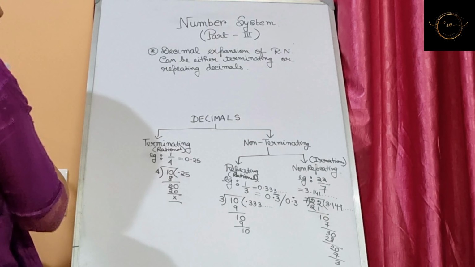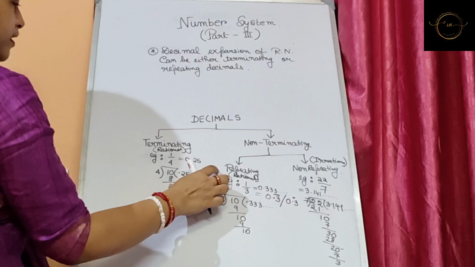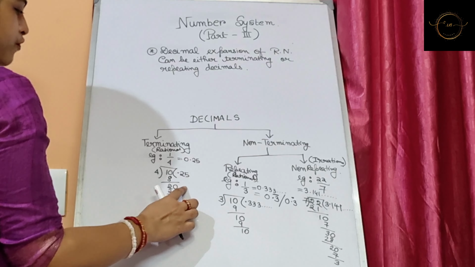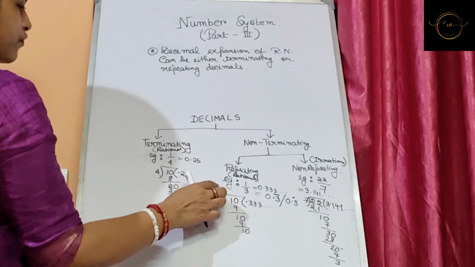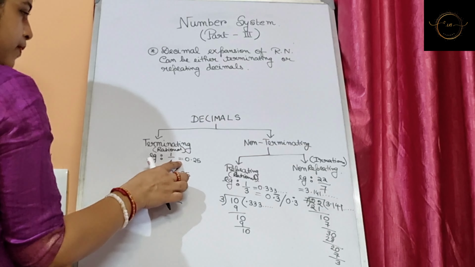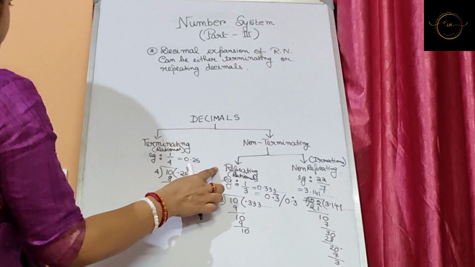Rational numbers can be either terminating or repeating. That means such numbers will have these two criteria: first is terminating and the second one is repeating.